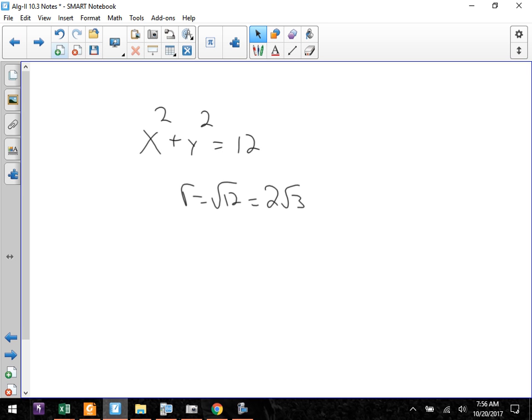When you go to graph something that has a radical, I want you to think of root 12 is between what two perfect squares? 9 and 16, right? Root 12 is between the square root of 9 and the square root of 16. Which one is it closer to? 9.